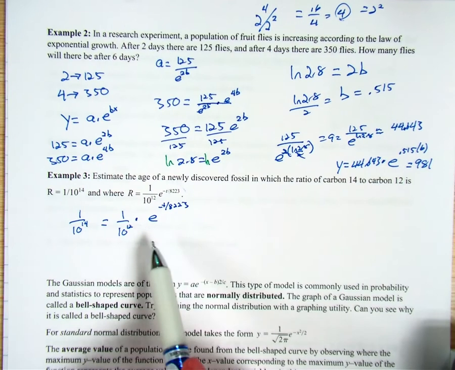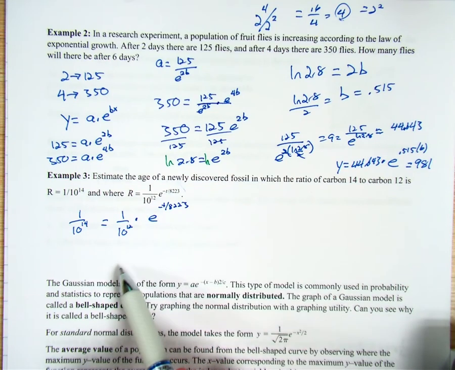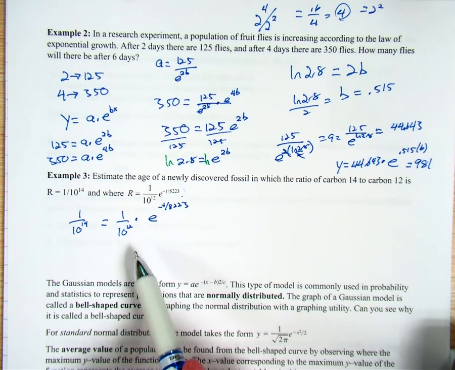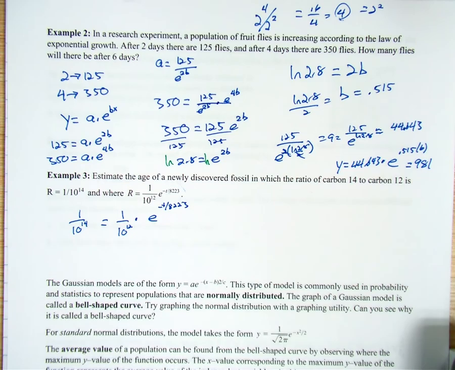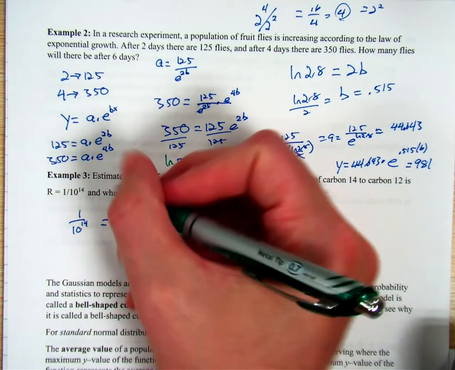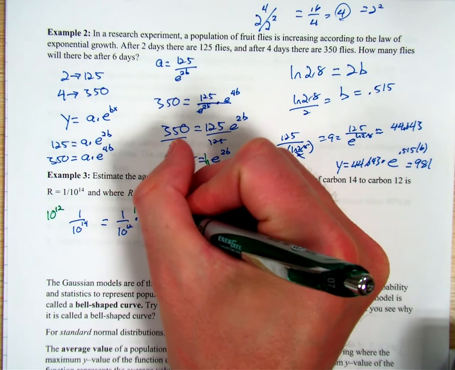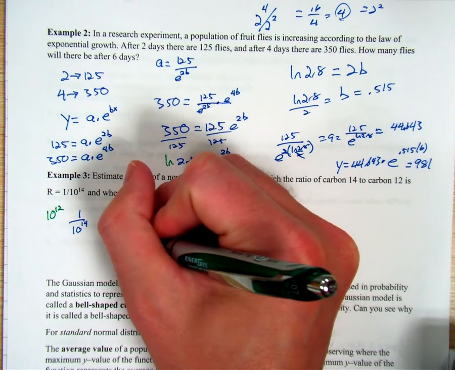Okay? Well, we see e, we know the variable's in e, we know what we need to do. We're going to natural log that to get the variable down. But we have this multiplier in the front, 1 over 10 to the 12th. Let's multiply both sides by 10 to the 12th, and that will cancel out the 1 over 10 to the 12th.